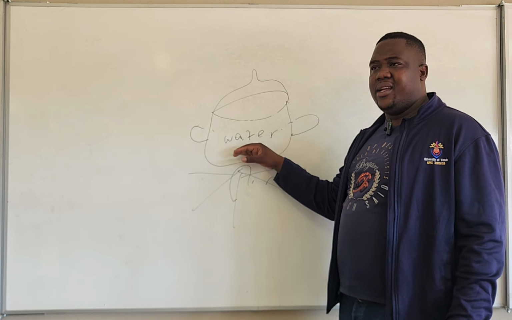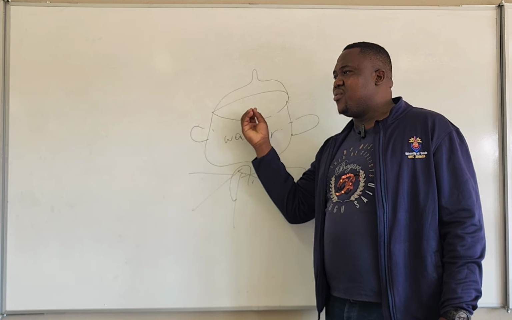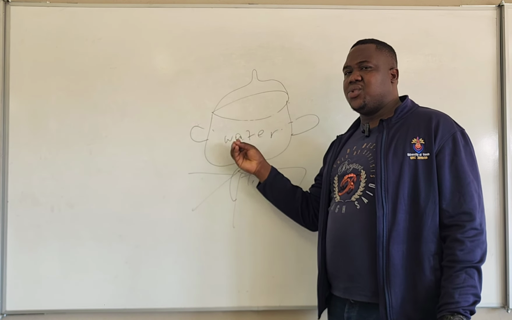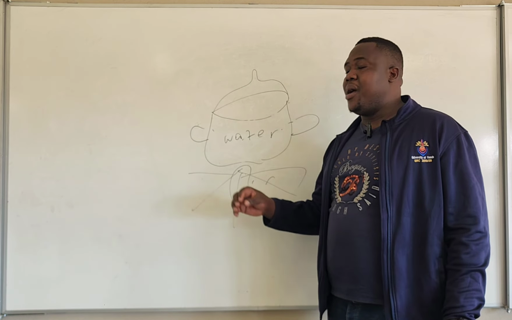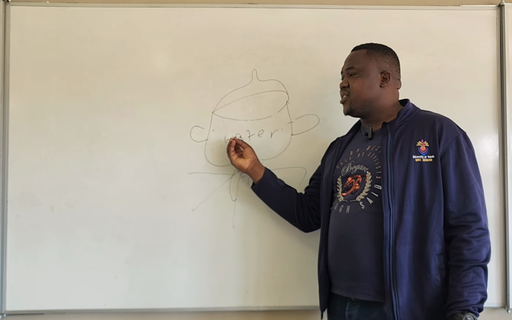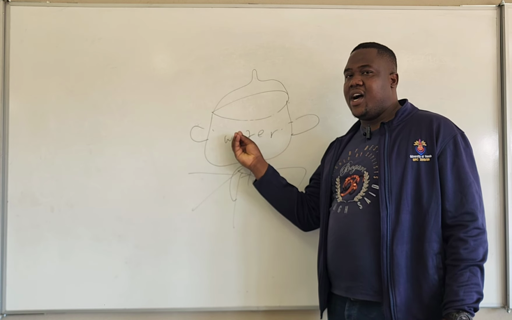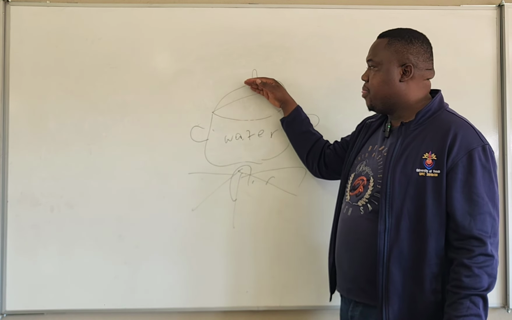Equilibrium is a state in a chemical reaction where the rate of the reverse reaction is equal to the rate of the forward reaction. What's going to happen? The forward reaction is the conversion of liquid water to water vapor.